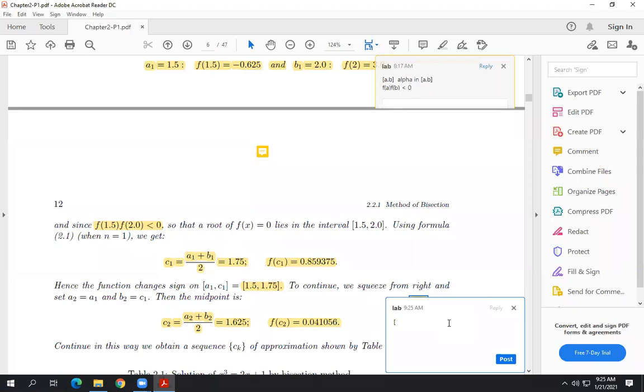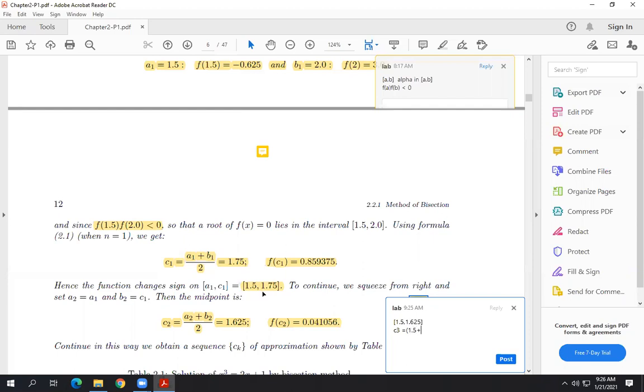A and C2, because at A we have a negative, and at C2 it is positive, so we ignore the last one. So your new interval is 1.5 and 1.625, and alpha is inside it. And what is your C3, please?